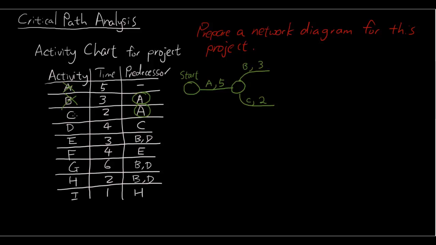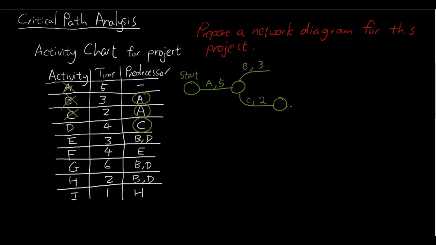So B and C are now on our network diagram, so we can cross them out. And now we can see that activity D requires C as a predecessor. So we're going to put activity D on our diagram. So C is now done.